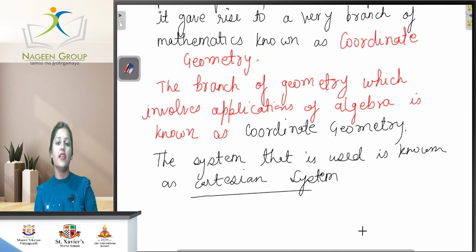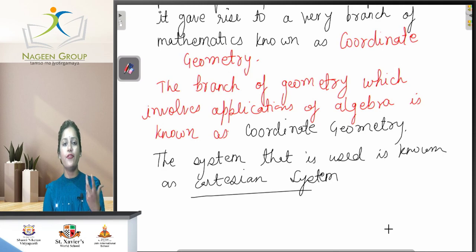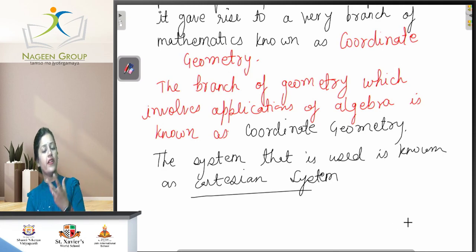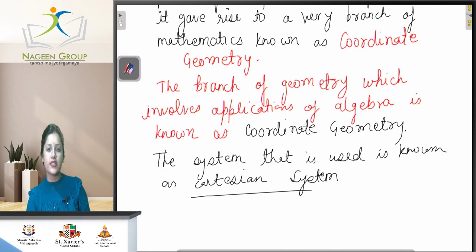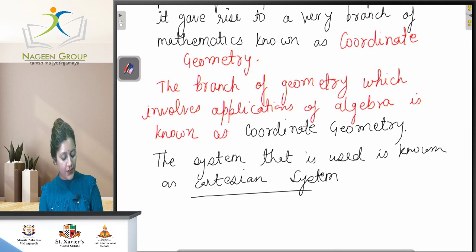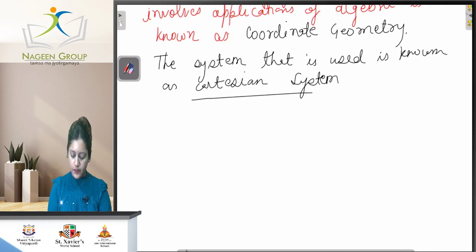We get the name of the Cartesian system from the scientist who invented it, that is René Descartes. Have you understood it? Okay. So here we mainly read about the introduction of coordinate geometry. Second, now our basic method.